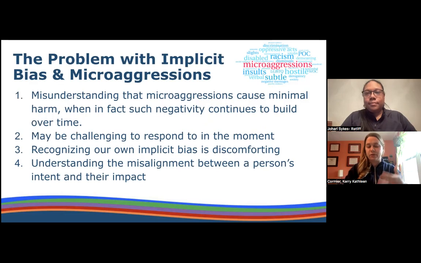And it'll impact how they might perceive themselves and how they see their standing in the world. And so that's going to be also challenging to respond to, both if you witness another person committing a micro insult or micro invalidation, right? Or if you yourself are doing it or you are experiencing it, it might be really challenging in the moment to speak back to that.